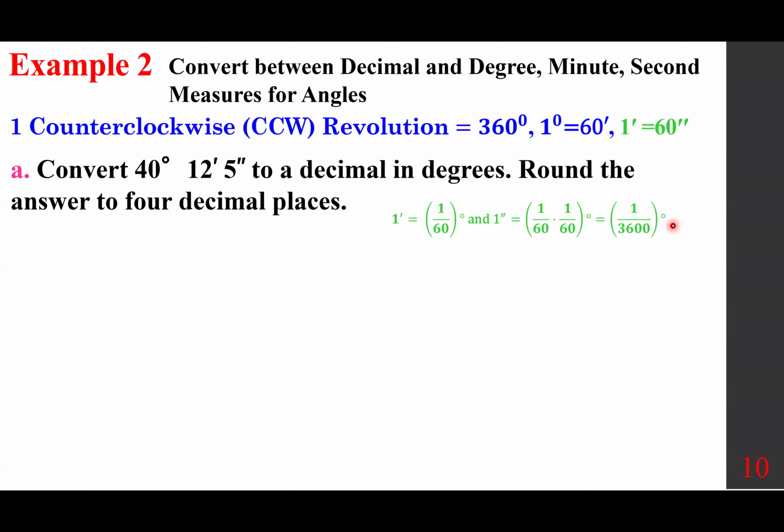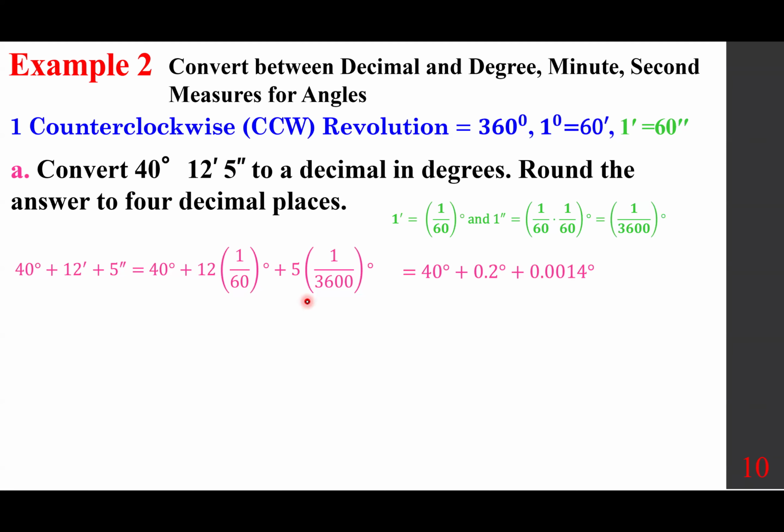So we want to add those. So this is 40, this is 12 times 1 over 60, this is 5 times 1 over 3600. You put that into a calculator, and you get 40.2014 degrees. And they want 4 decimals, so that's fine.